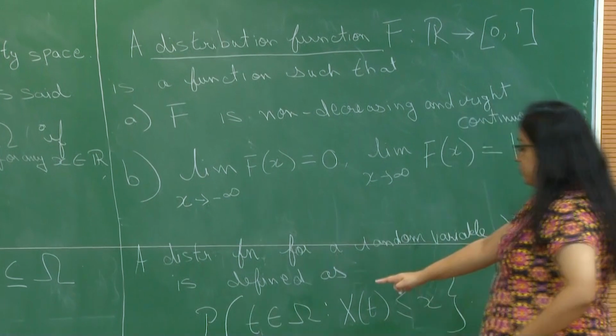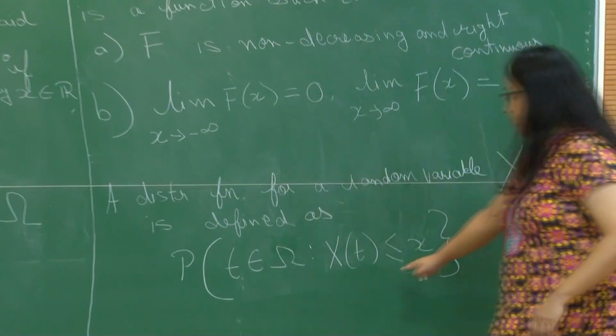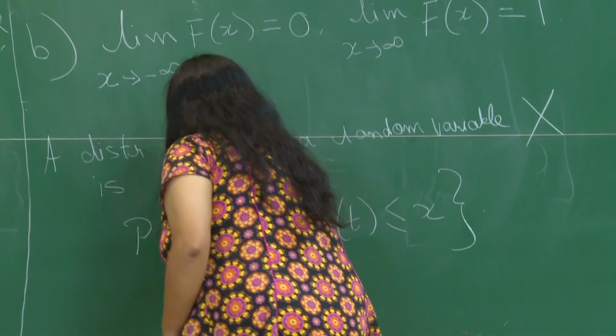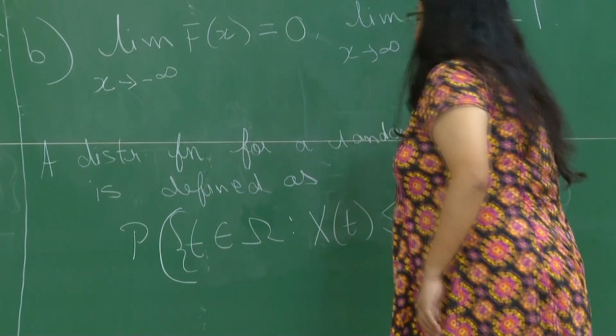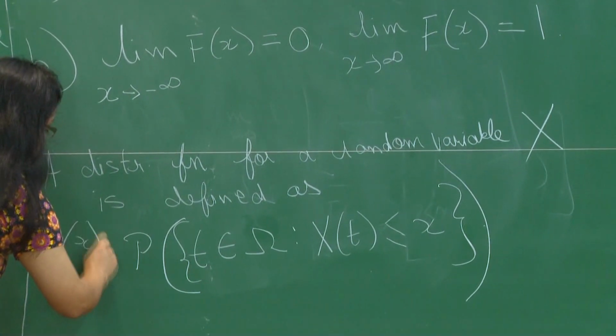We already saw from the definition of a random variable that this set is in your sigma algebra, and this is what we define as capital F of x.